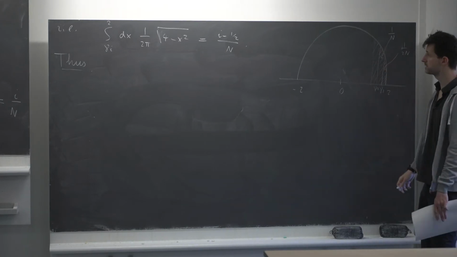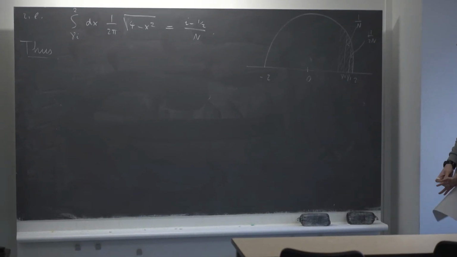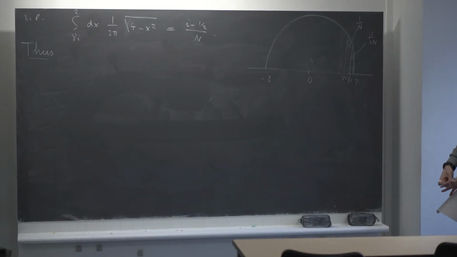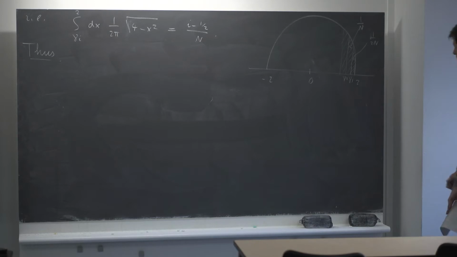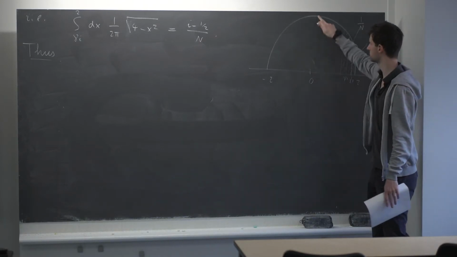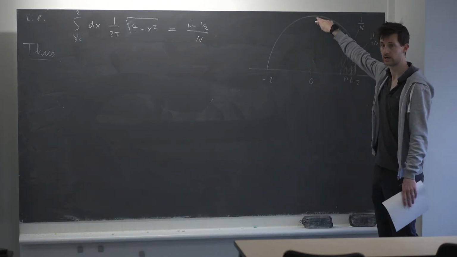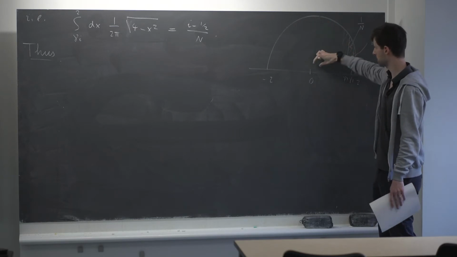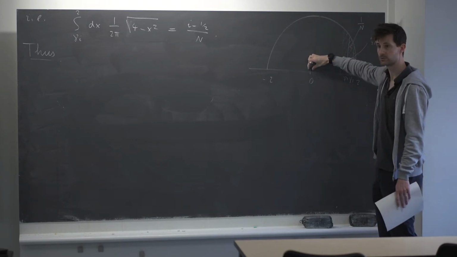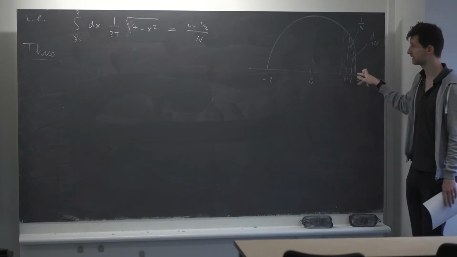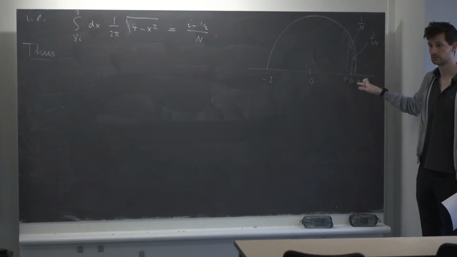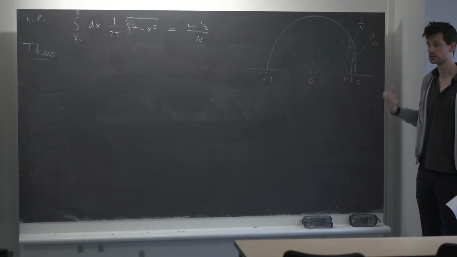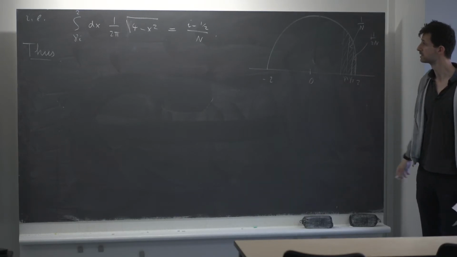And you see that the spacing is not going to be the same at all. In fact, where are these guys going to be at their densest? It's near 0. This is where the density is at its highest, and therefore in order to get the same area, the separation between two consecutive gamma i's is going to be the smallest. If you are near the edge, then the density is going to be very small. It tends to 0, and therefore you need a bigger separation between these gamma i's.